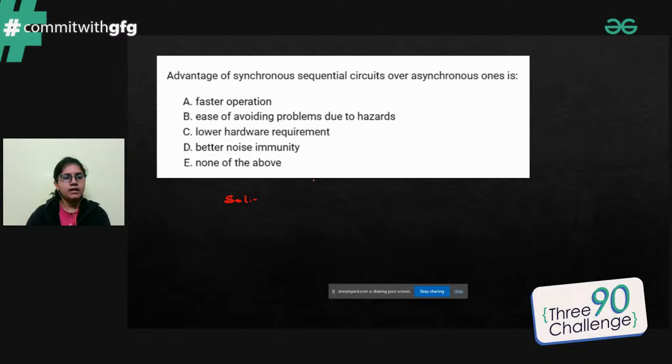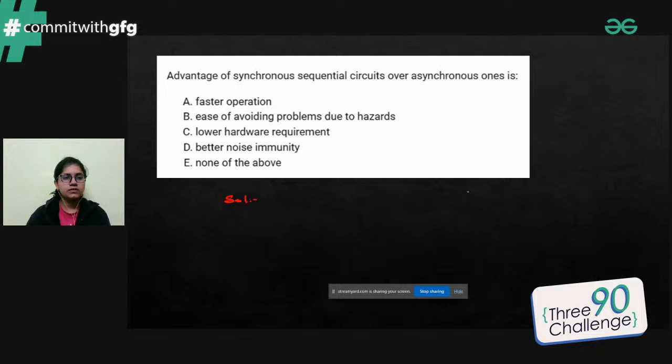Why are C and D incorrect? Option C is false if we do not consider how to avoid the hazards in asynchronous circuits. Option D is false because it is not necessarily true, and we absolutely want the statements to be true. Often asynchronous circuits have better noise immunity, so it is not necessarily true.